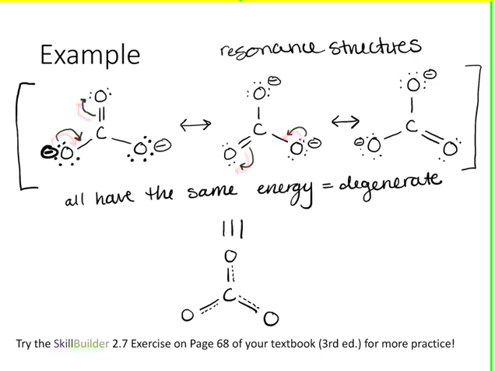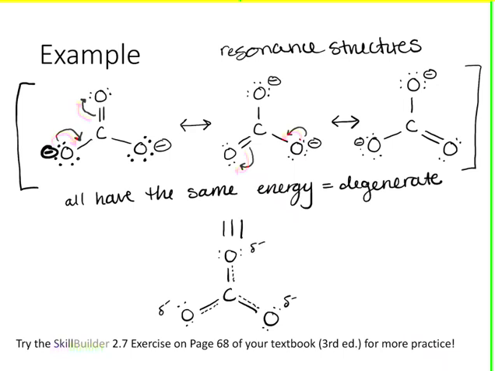So really, those two negative charges that we saw before, those are split up or shared among the three oxygens. So each oxygen has a partial negative charge. And I'm just going to draw the lone pairs here.